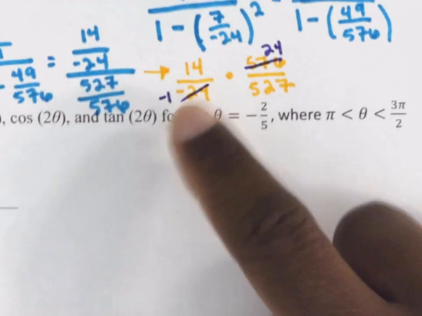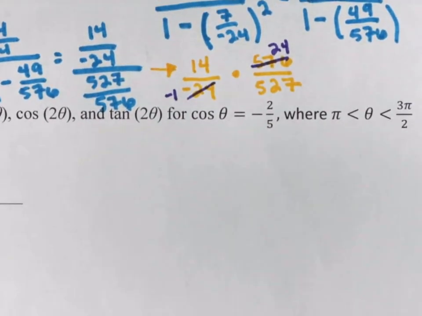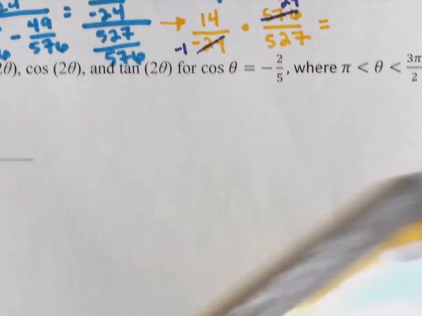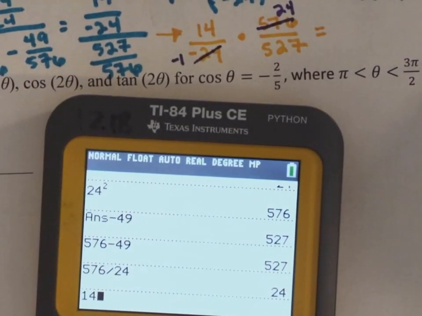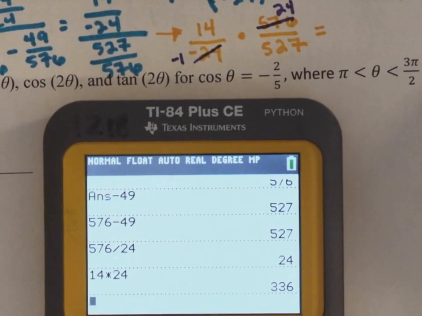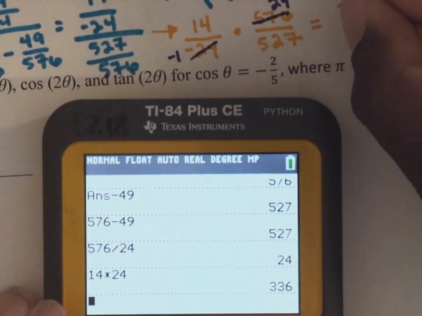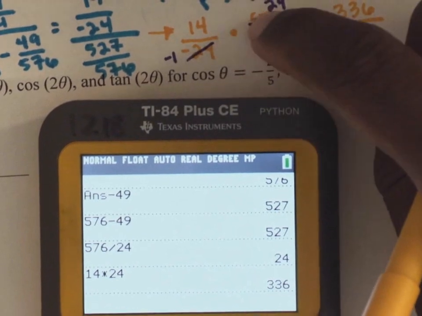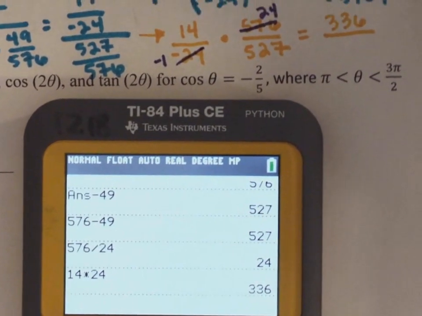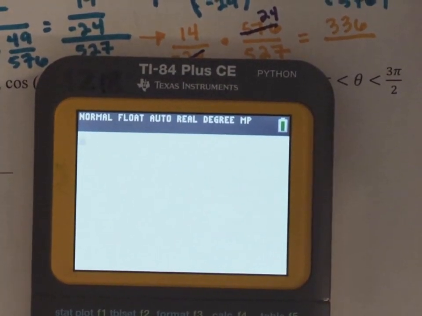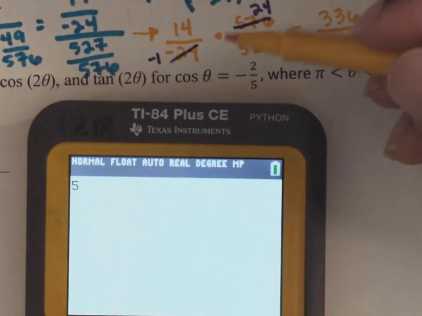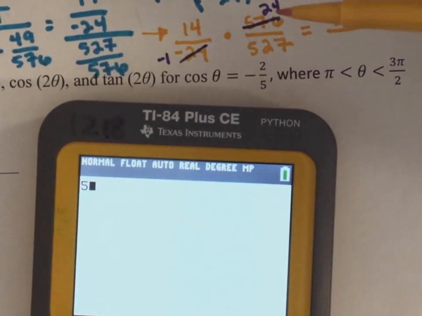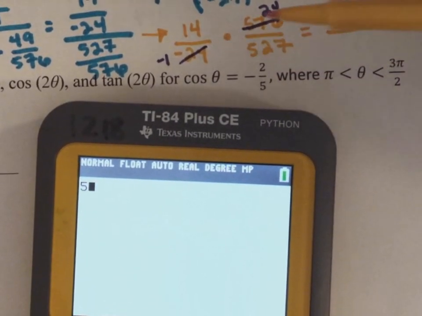And so now to get my answer, I'll just multiply across. So I've got 14 times 24. How did these two cancel? I'll do it again. These two are dividing, so I could multiply all this together and then figure it out, but it's easier if I see if it cancels out before.